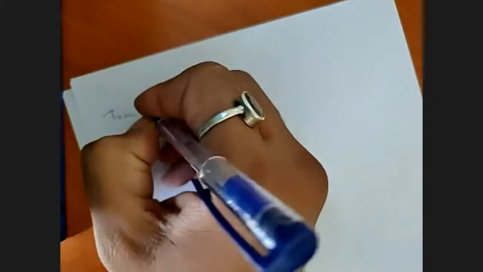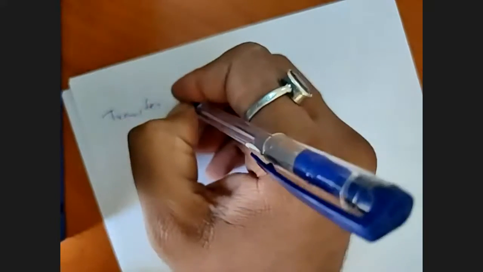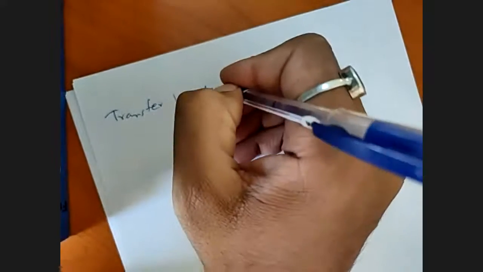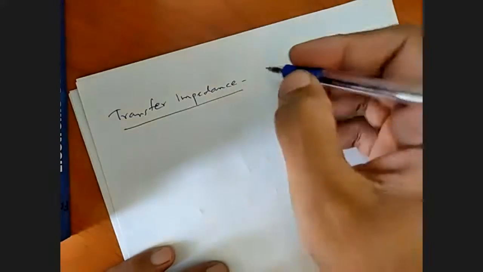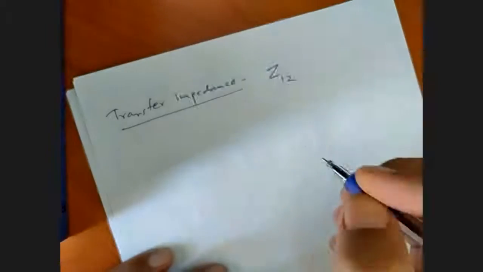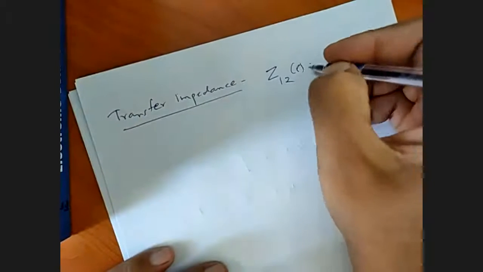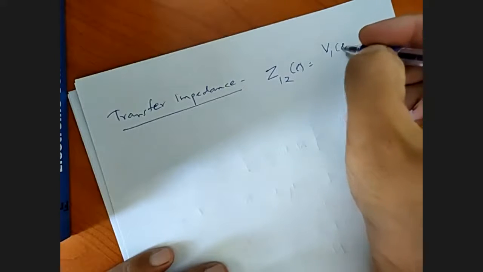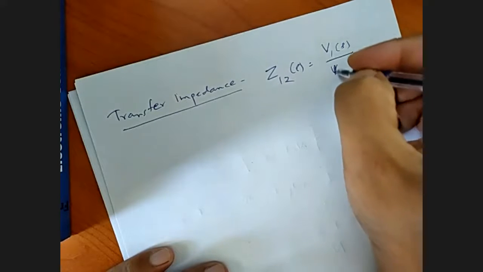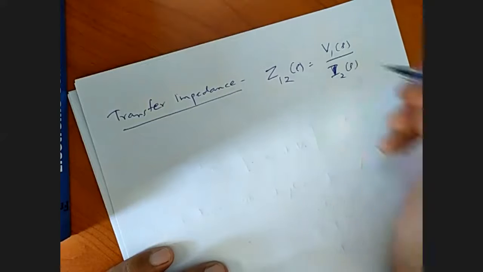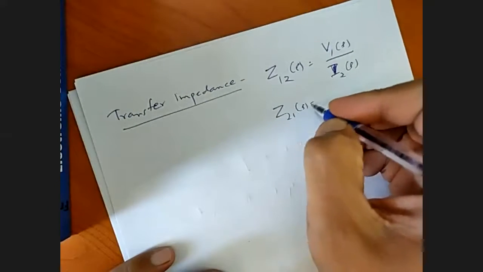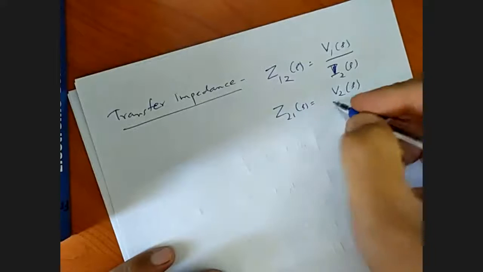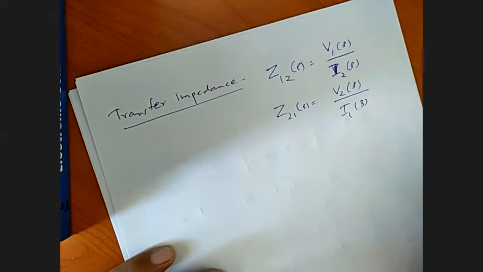So we have transfer impedance. Transfer impedance will be Z12(S), which is V1(S) upon I2(S). And Z21(S) will be V2(S) upon I1(S).